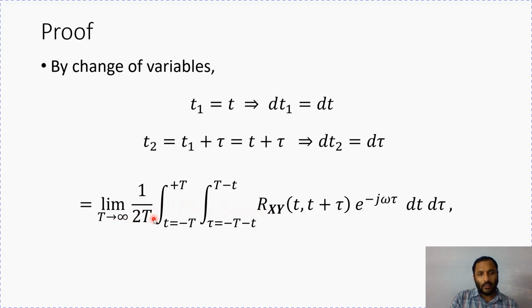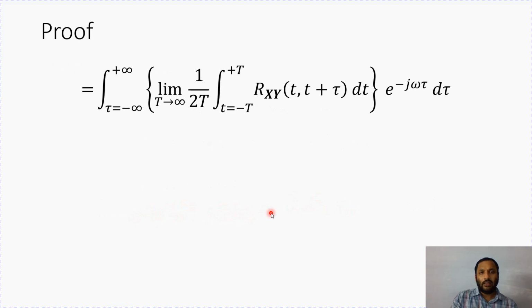This will be the limiting value of the average of the cross correlation function. So by clubbing this integral, we get the following: the limiting value as T tends to infinity of the average of the cross correlation function between the limits minus T to T. Now this expression we know as the time average function, the time average of the cross correlation function.